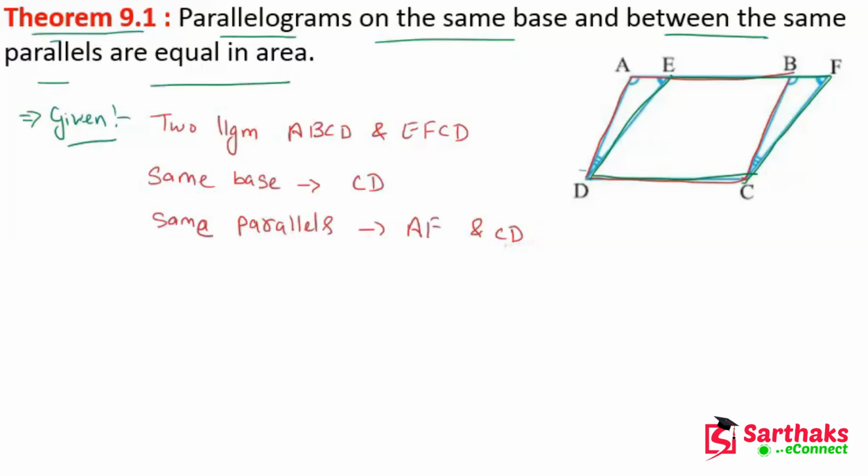And we have to prove that the area of ABCD is equal to the area of EFCD. So we have to prove the area of parallelogram ABCD is equal to the area of parallelogram EFCD.